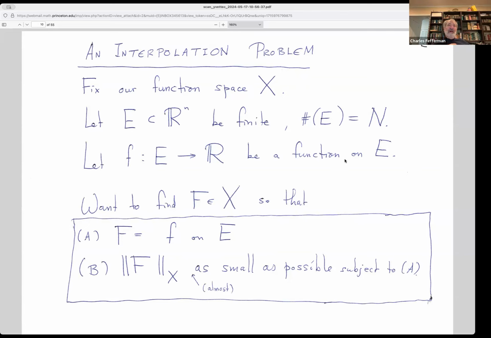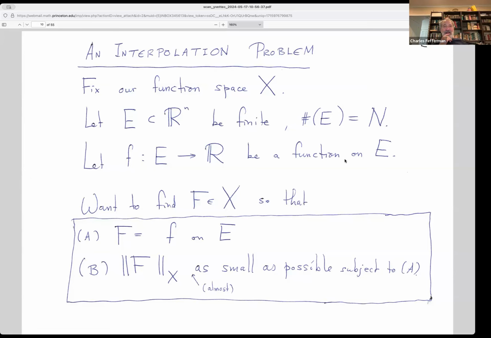Okay, so we're given our finite set E, and we're given a function f from E to the reals. And our data consist of the function f defined on the set E. What we want to do in order to interpolate the data is to find a function capital F in this Banach space X, which does 2 things.